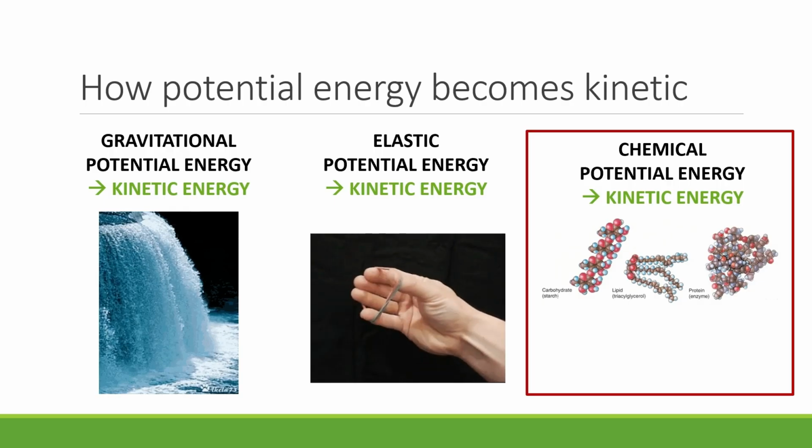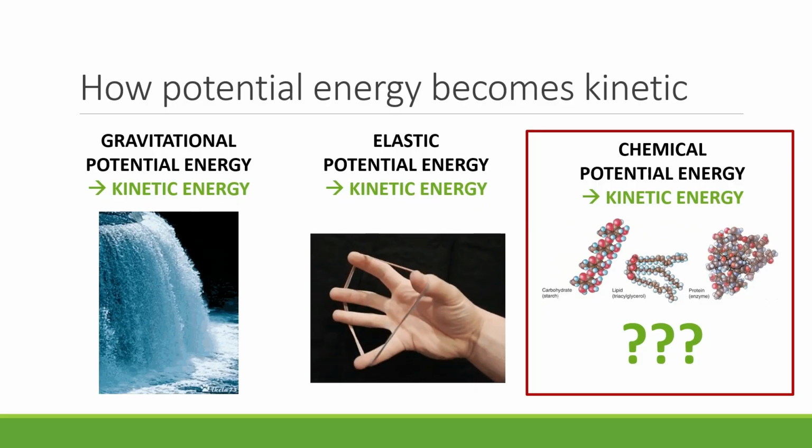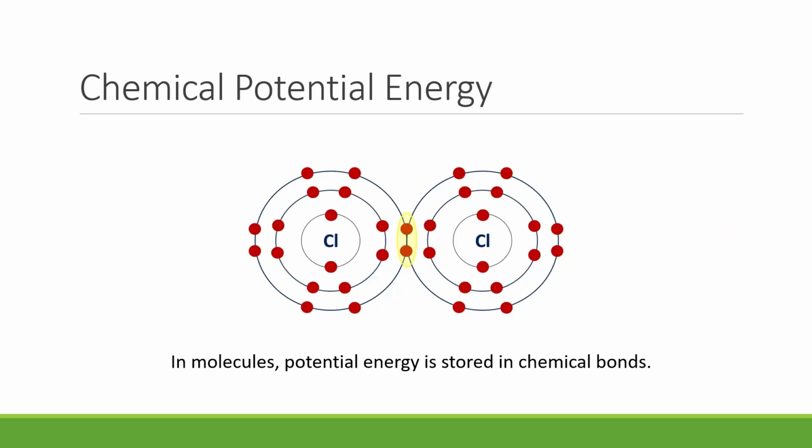So, how does chemical potential energy become kinetic? To answer that question, we need to understand that the chemical potential energy in molecules is stored in their chemical bonds. I'll say that one more time just to drive it home. The potential energy found in chemicals is stored in the bonds between the atoms within those molecules.